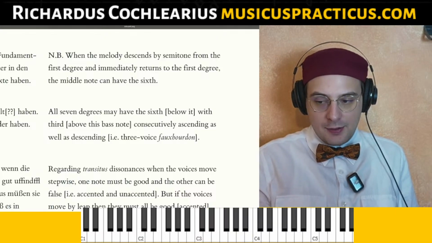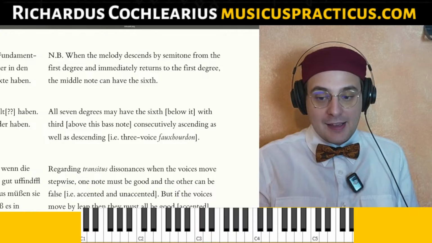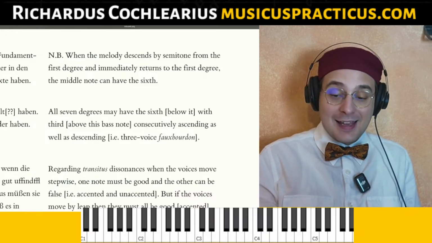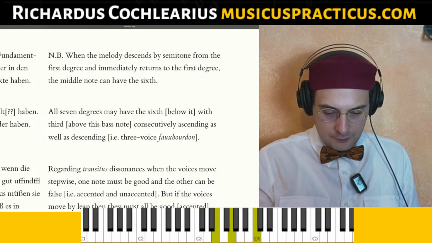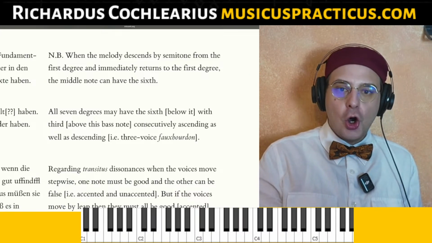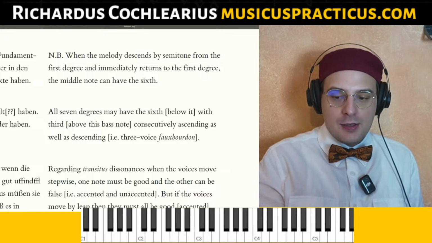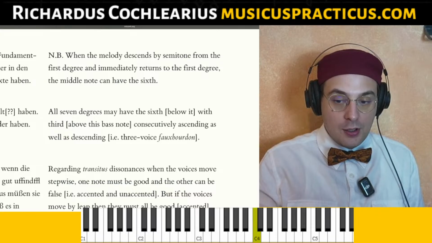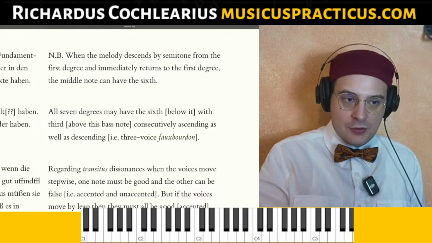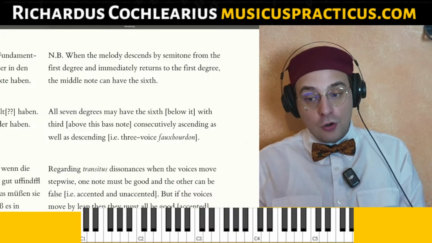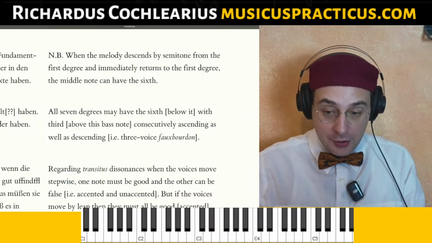Consecutively ascending as well as descending. But is it saying ascending 3/6 that way and descending 3/6, so for Bourdon, or is it saying that all the 7 degrees can have the sixth and this sixth with the third can go down this way, opening, or go up like a for Bourdon?